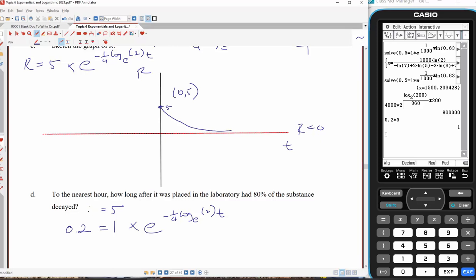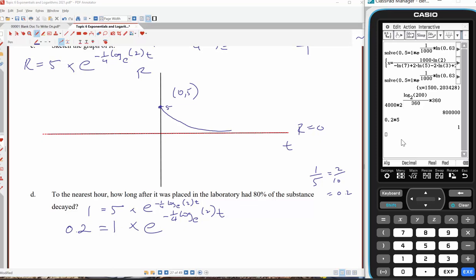So you could do it like this. But just note that your first move here is going to be divide by 5. And 1/5 is 2/10, which is 0.2. So it's exactly the same thing if you go to the unit. So you can solve that or you can solve this. It doesn't really matter which way you go.